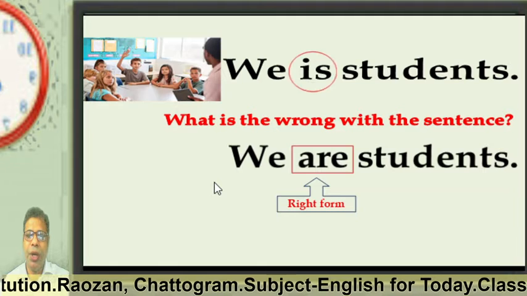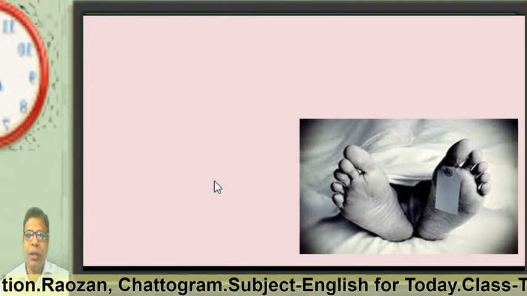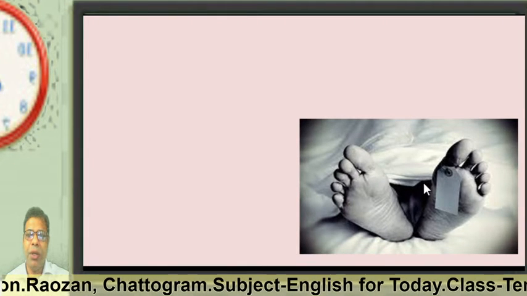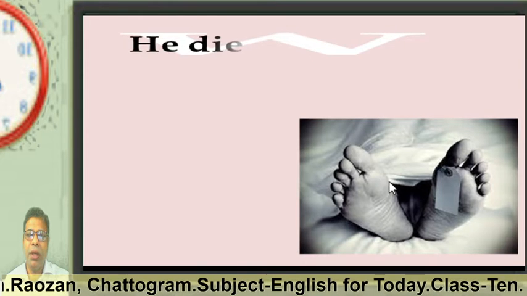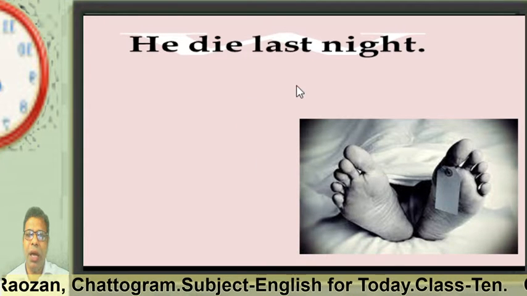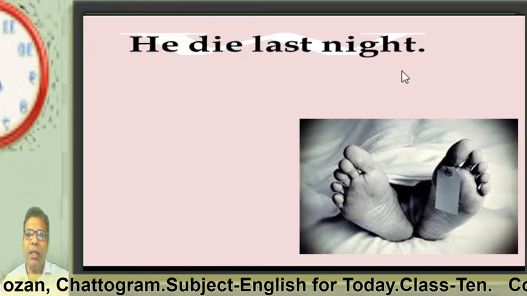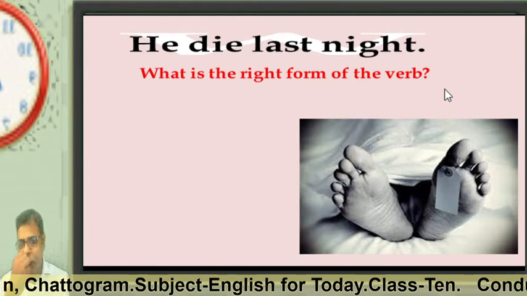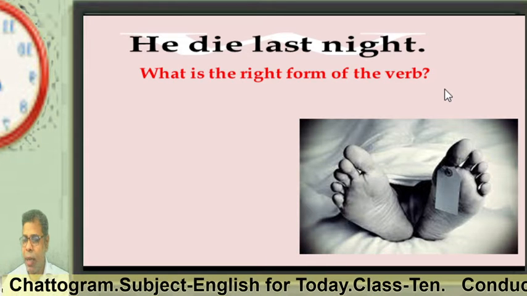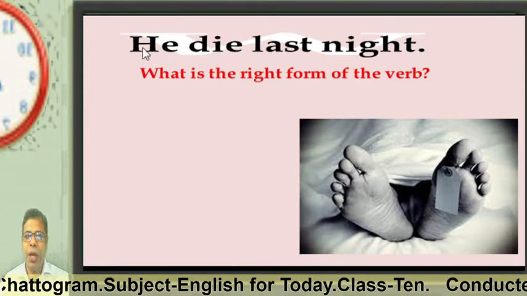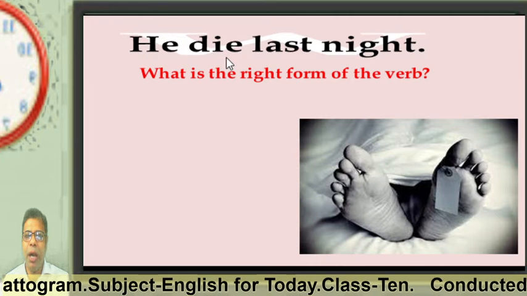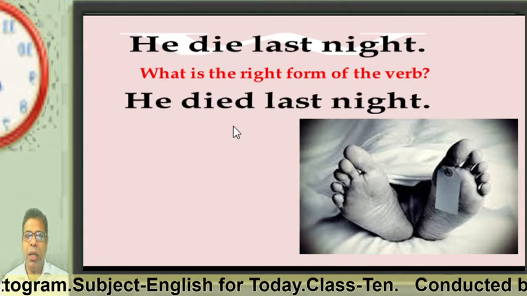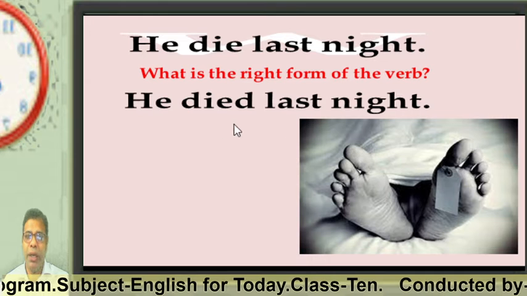So dear students, can you guess what the picture is about? Yes, he died last night. Is it right or wrong? Yes, this is a wrong sentence, because he is a third person singular number and die is a present verb, and the correct sentence is he died last night.